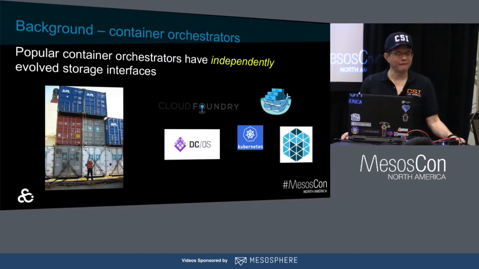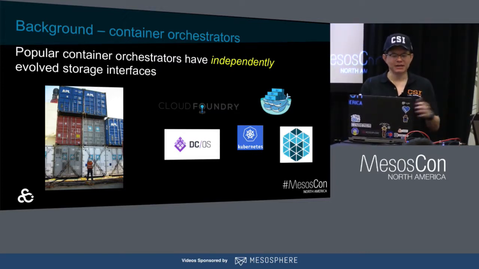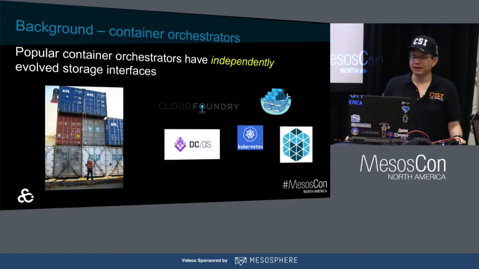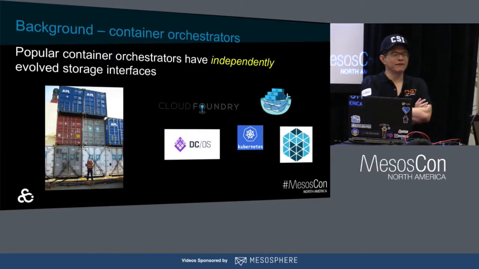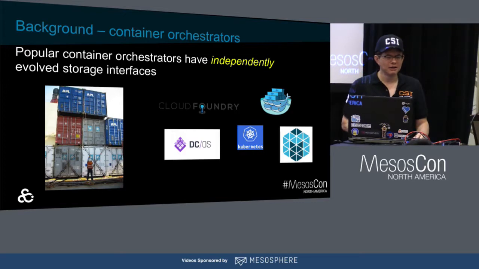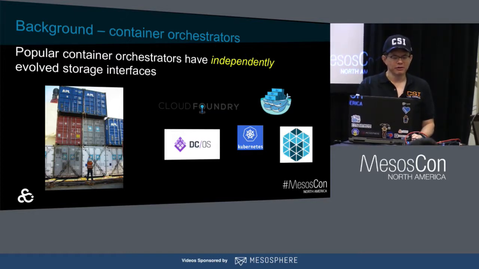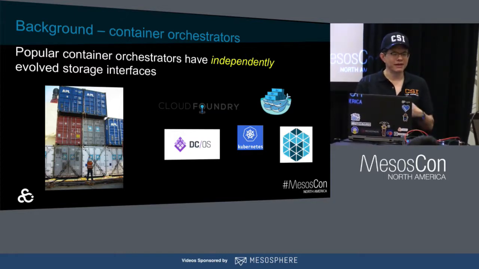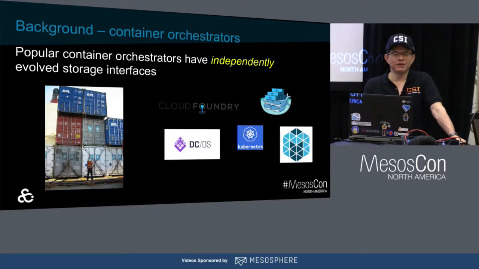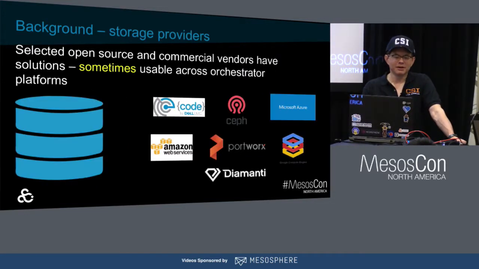They have variations in the couplings to vendor proprietary APIs on the storage front, and some of the platforms even have instances where the storage interfaces all the way to the storage provider are implemented in code that's within the source tree of the orchestrator. And there has been, this will be covered later in the presentation, but some of the orchestrator vendors have discovered that maybe that wasn't the best decision.